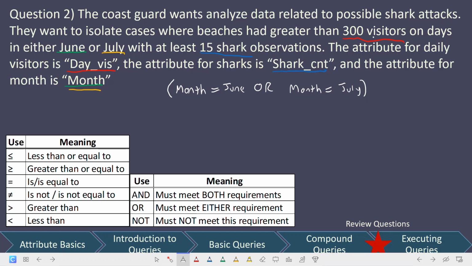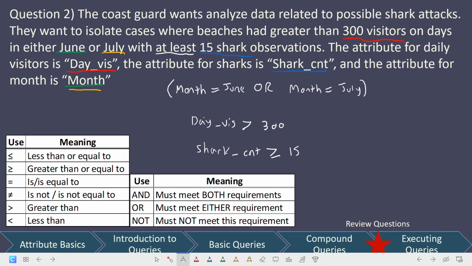We know that we want to have greater than 300 visitors. Sorry, backwards. That's going to be day viz is greater than 300. And then we also know that we want at least 15 shark observations relative to shark count. Whenever we see at least, we know that means greater than or equal to 15.